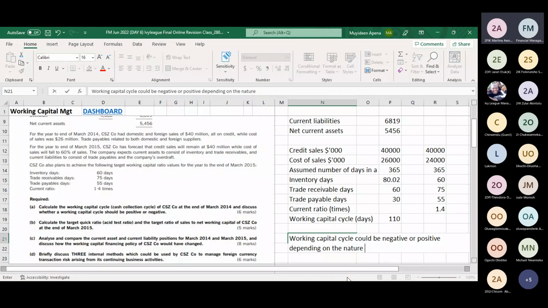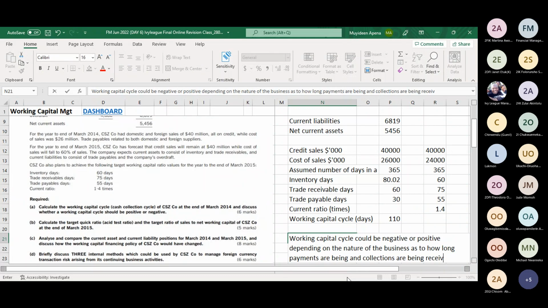So depending on the nature of the business, that's what you are saying. As to how payments are made and how long payments are being made and collections being received.